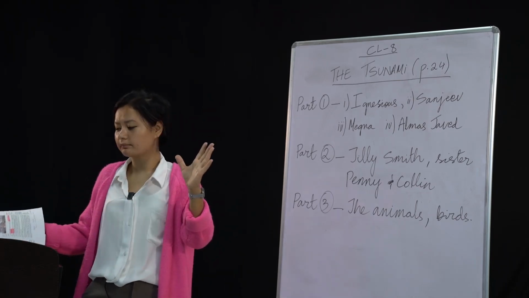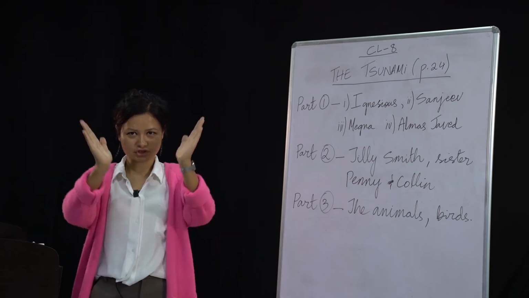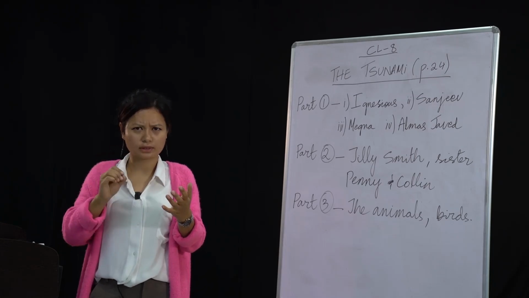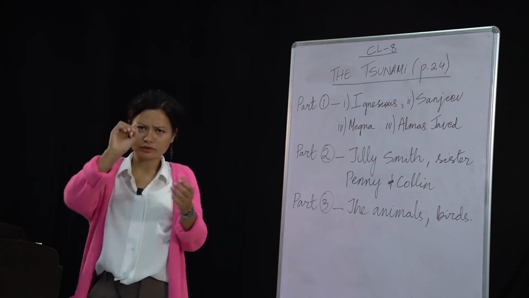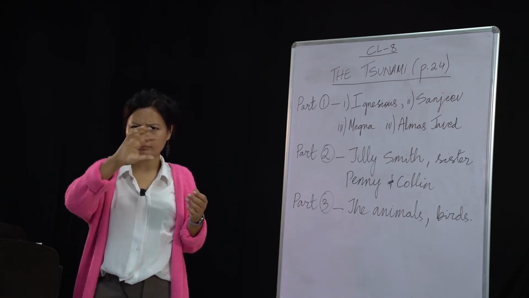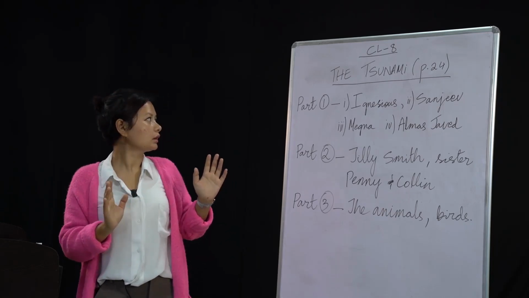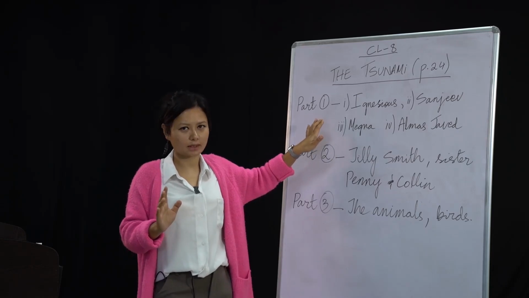When you look at the map of India, the southern portion is a bit V-shaped like this, right? In the middle of the ocean, you can see some small dots. That is the Andaman and Nicobar Islands. All those small dots are small islands in the Indian Ocean. This incident, the first part, happened in the Andaman and Nicobar Islands.